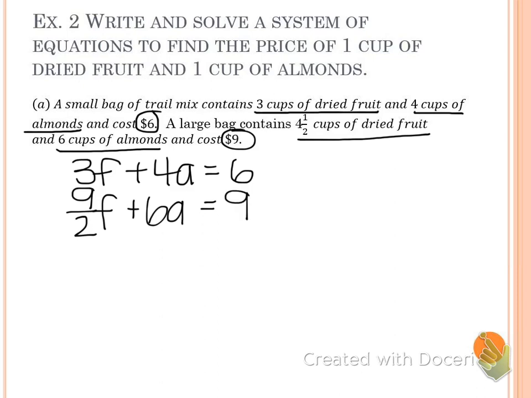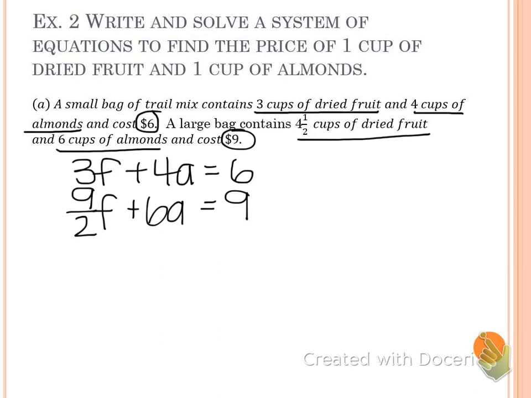Now, Nate, did you guys choose substitution or did you choose elimination on this one? We chose substitution. You did choose substitution? Okay. So which equation did you use and what did you solve for? The first one. And we solved for F. Now, let me ask you this. Let's think through this a little bit.